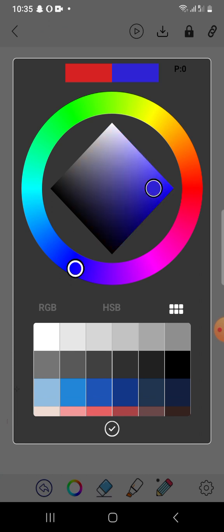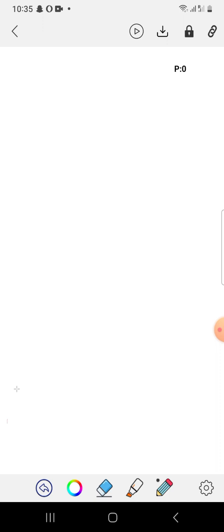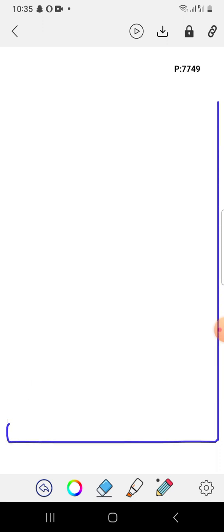Let me pick blue. All right. Now this may take more than 2 or 3 pages to explain, but then you stay with me.